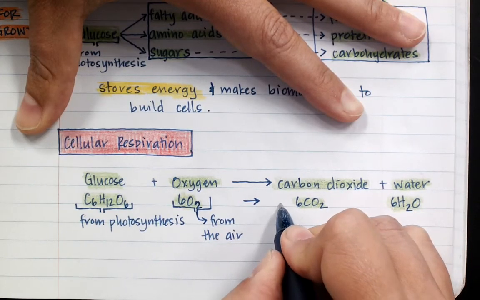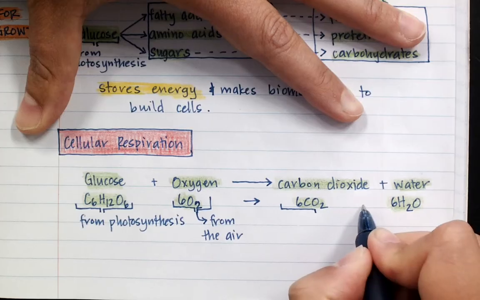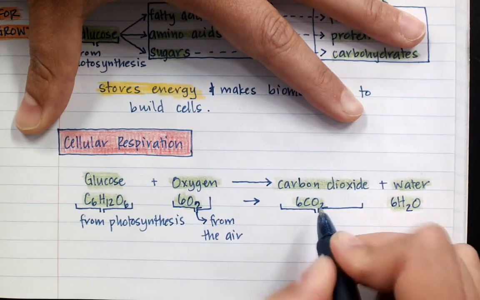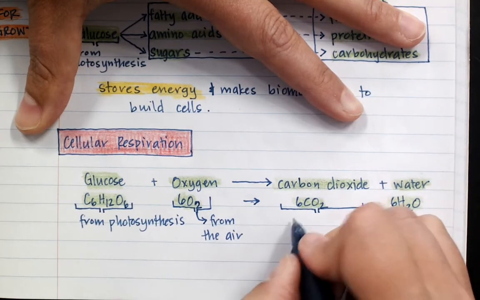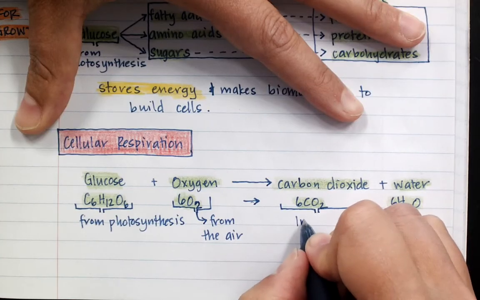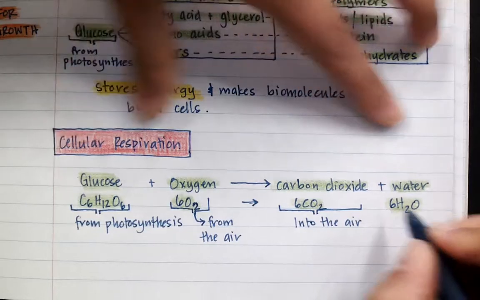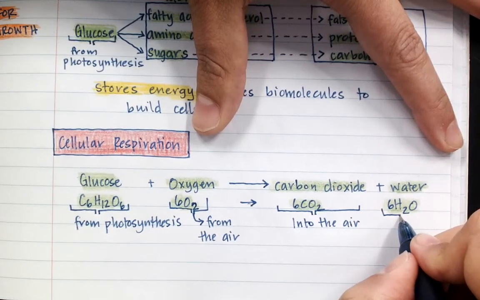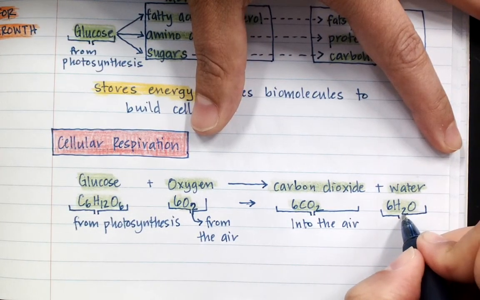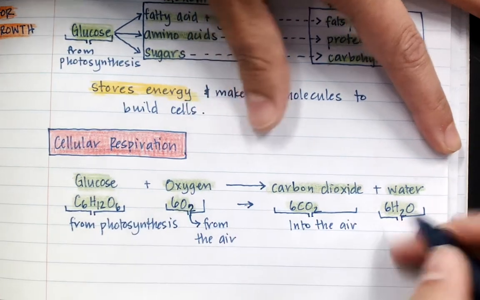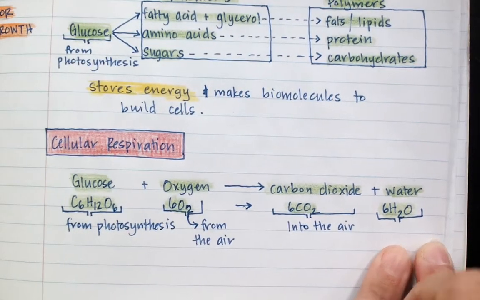It gets carbon dioxide. Sorry, it doesn't get it. It releases it because this is what's coming out of the equation. So it releases it into the air. And then water is going to come out of the plant as well. And the water actually comes out through the leaves.